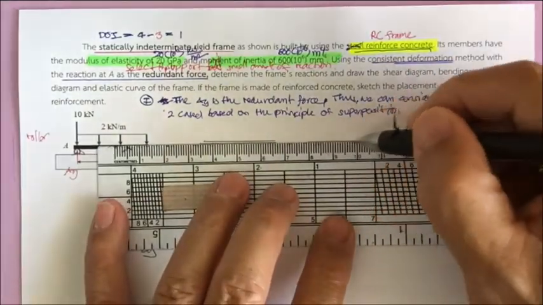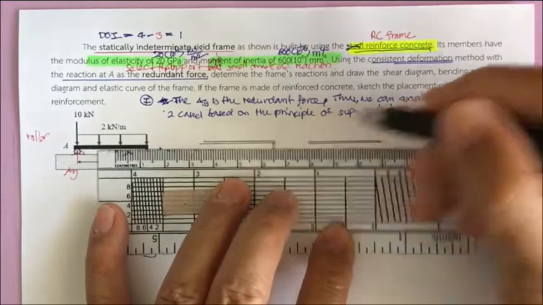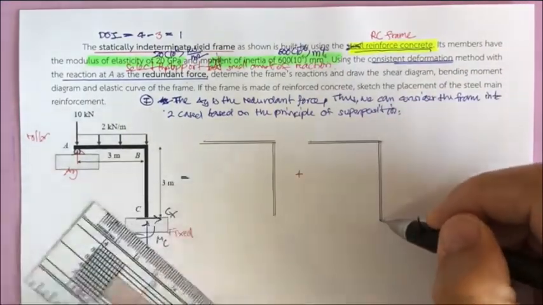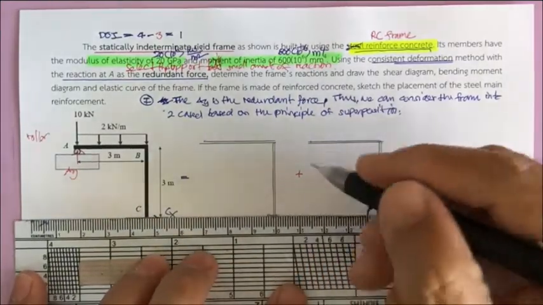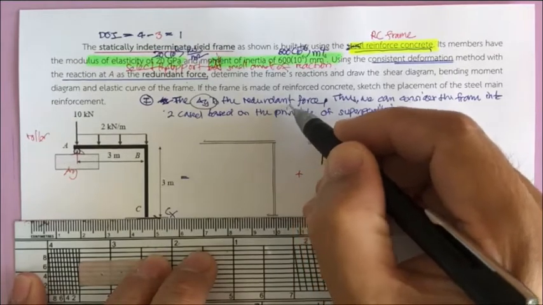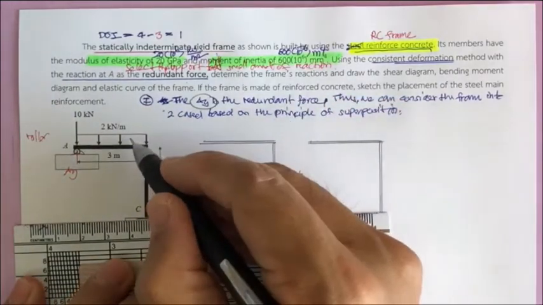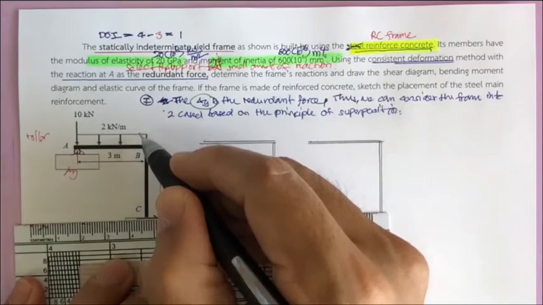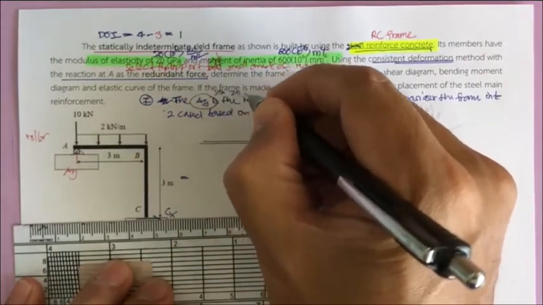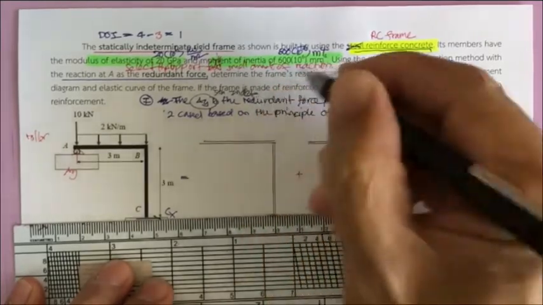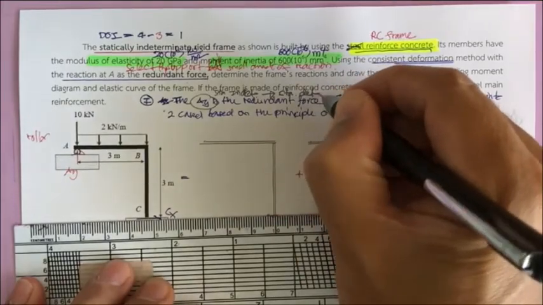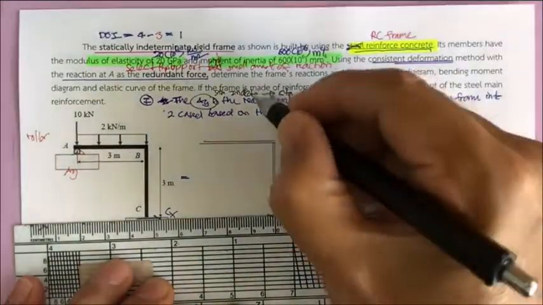The one will be subjected to the applied force, which we call the primary frame. So for this frame, when you set A sub y as the redundant force, the statically indeterminate frame will change to a statically determinate frame.